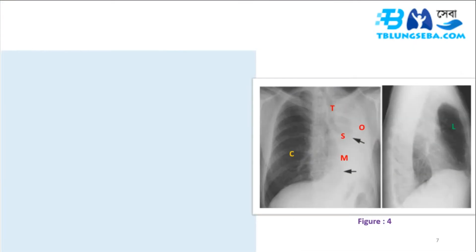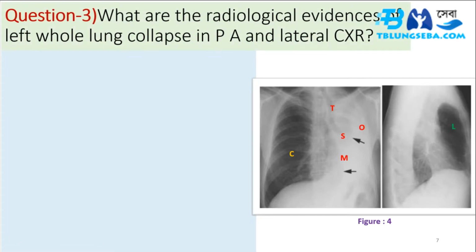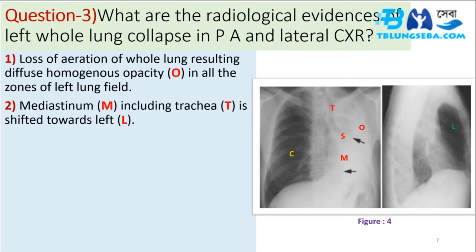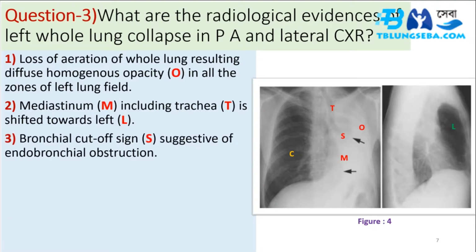Red arrow. Question 3. What are the radiological evidences of left whole lung collapse in PA and lateral CXR? 1. Loss of aeration of the whole lung resulting in diffuse homogeneous opacity, O, in all the zones of the left lung field. 2. Mediastinum, M, including trachea, T, is shifted towards the left, L. 3.